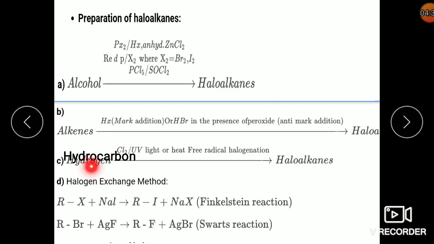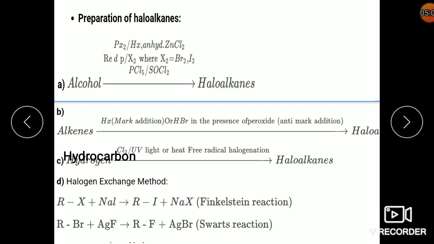The third process is from hydrocarbon, that means from alkane you may get haloalkane on treatment with halogen in presence of sunlight or UV light. This is a free radical mechanism, and in this reaction you get a series of haloalkanes, that is, polyhaloalkanes. Suppose you are doing the reaction with CH4 plus Cl2 in presence of sunlight.